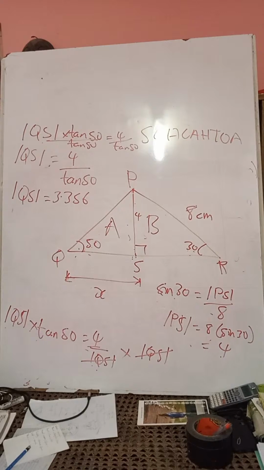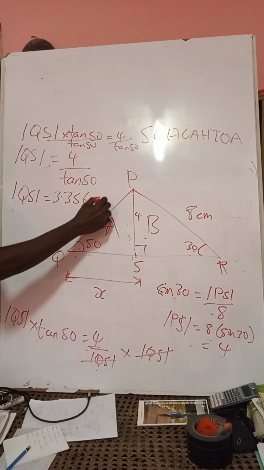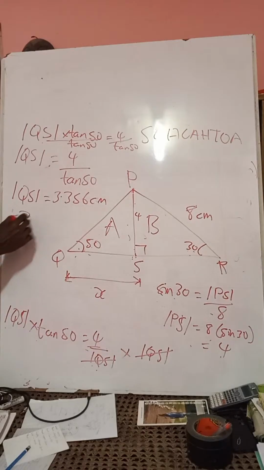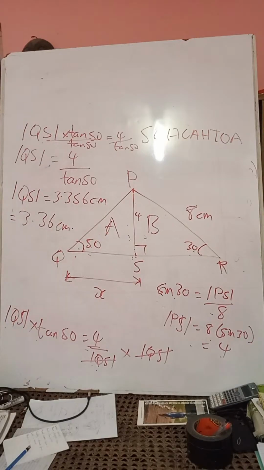What's the unit? Centimeters. So you can round it to 2 decimal places, which is 3.36 centimeters.